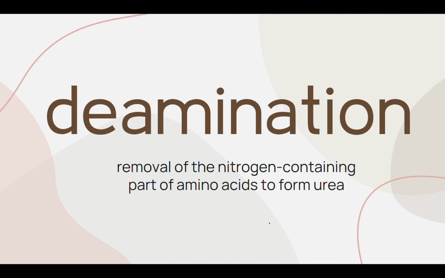Now, as we said, there is something known as deamination, which is different from assimilation. It is the removal of the nitrogen-containing part of your amino acids to form urea.